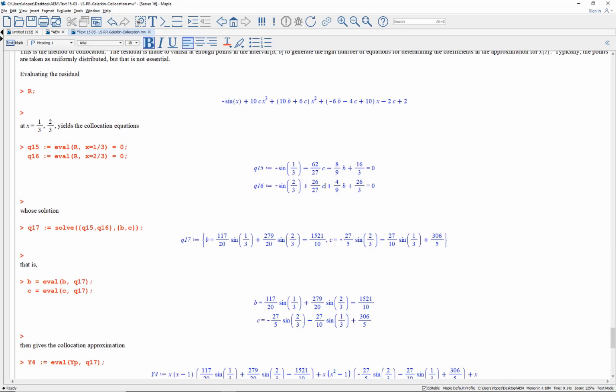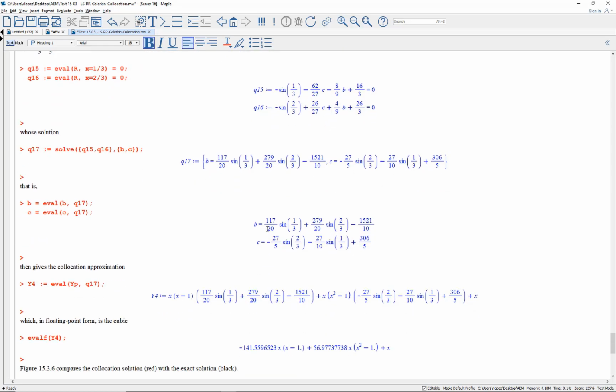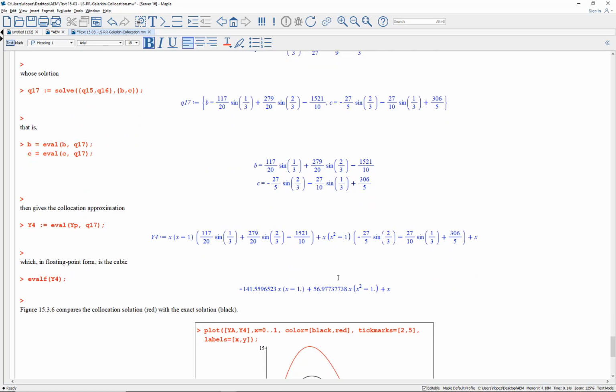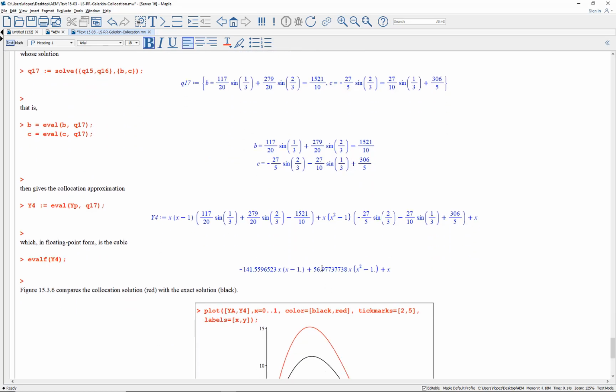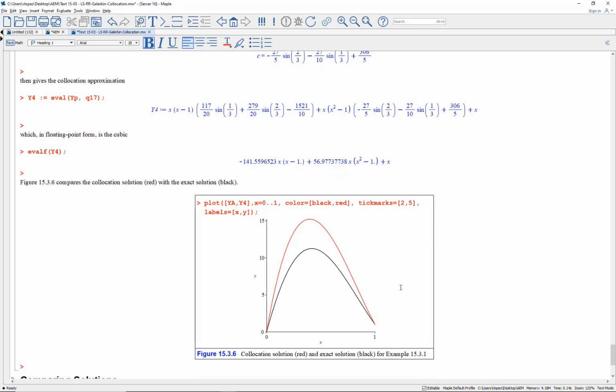You have these 2 equations that you want to solve. You solve them for B and C. Here are the B and the C. That gives you a fourth approximation, y4. In floating point form, this is what it looks like, and then you draw a graph, and you see, well, it's not as good as, for example, Galerkin or the Rayleigh-Ritz, maybe better than the least squares technique.